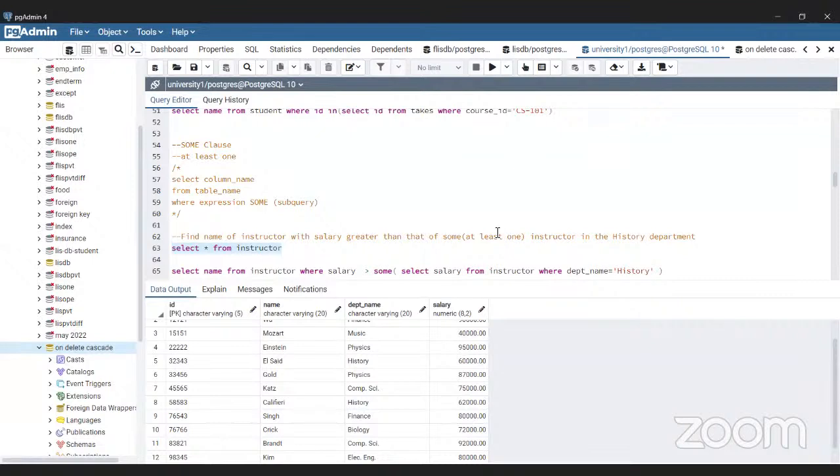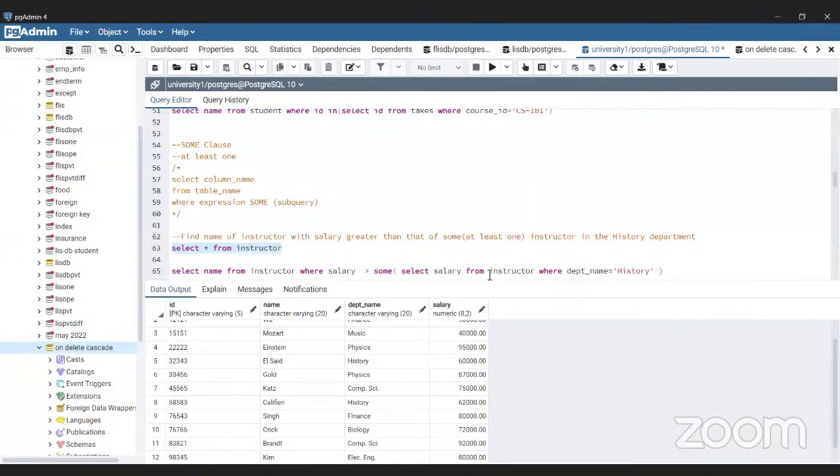So it is kind of EXISTS only? If we write EXISTS, then also we'll get the same result, isn't it? No, see, EXISTS and SOME are different. EXISTS means if the subquery part returns at least one record, then it returns true.